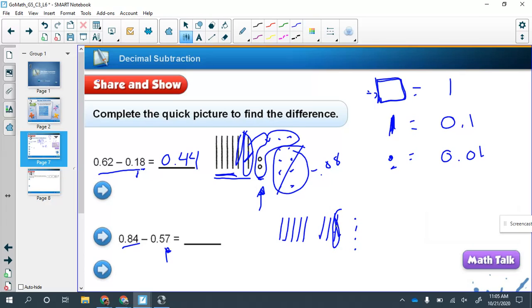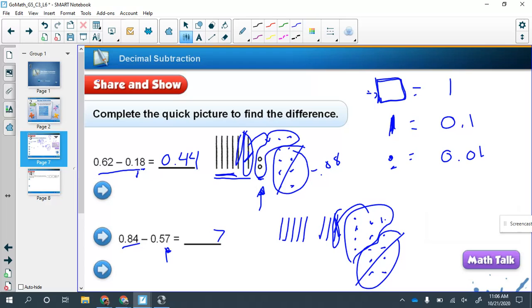So again, we regroup. 1, 2, 3, 4, 5, 6, 7, 8, 9, and 10. Now I'm going to circle those 7 and cross those off. This leaves me with 1, 2, 3, 4, 5, 6, 7 in the hundredths place. If I count up all of these, there are 7 of those left.